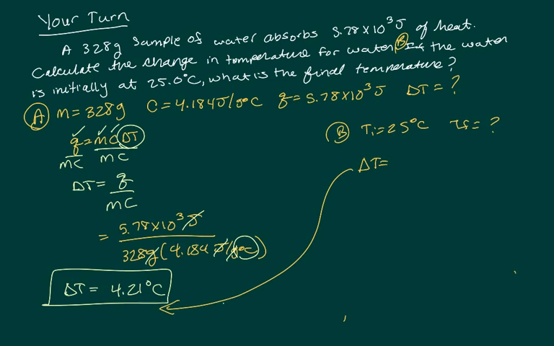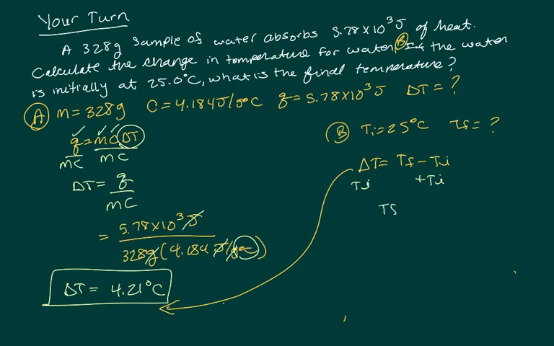We still have the same C, the same Q, and the same M. So our delta T is T final minus T initial. And so we simply solve for our T final by adding T initial to both sides.